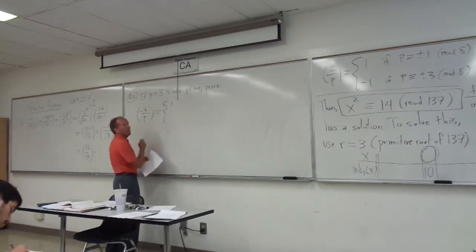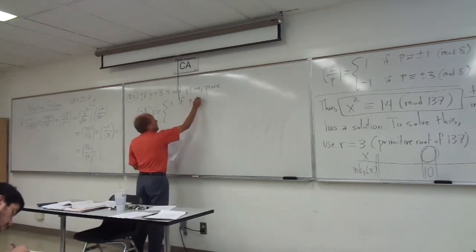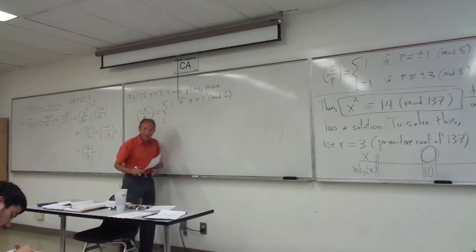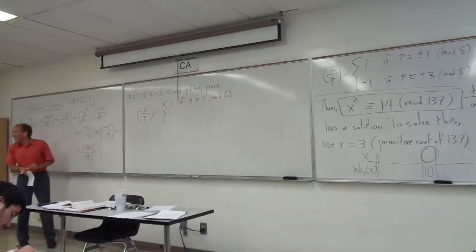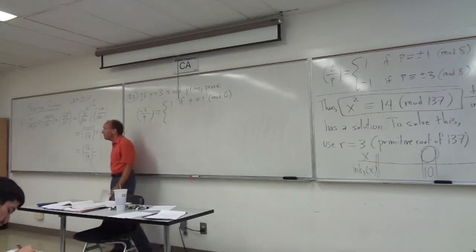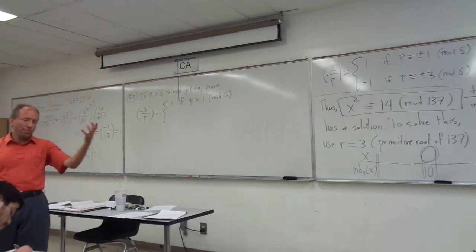It turns out it's a perfect square if p is congruent to 1 mod 6. So for example, if p is 7, that would be a good example. If p is 7, then -3 is a perfect square. And that makes sense because in mod 7, -3 is the same as +4, and +4 is definitely a perfect square.